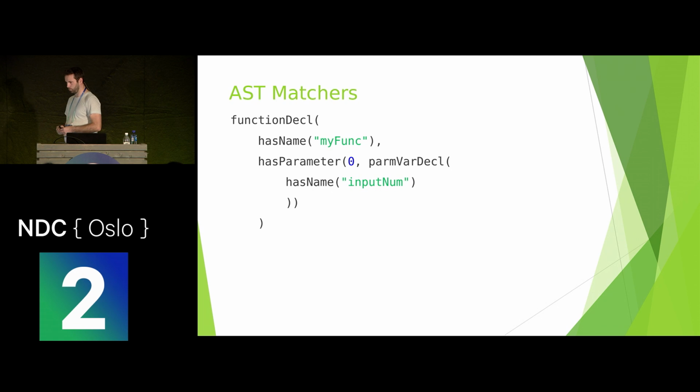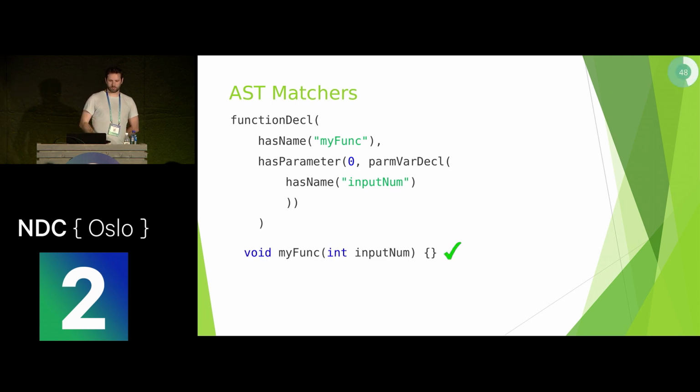Just a few more examples now of what these would actually match in C++ code. I have a function decl, and I'm saying inside of that, it has to have a certain name, myfunc, and it has to have a parameter whose name is inputNum. The 0 indicates that this is the 0th parameter, so that could be 1, 2, 3, etc. This C++ code will match that matcher.